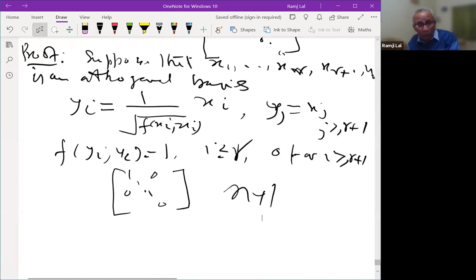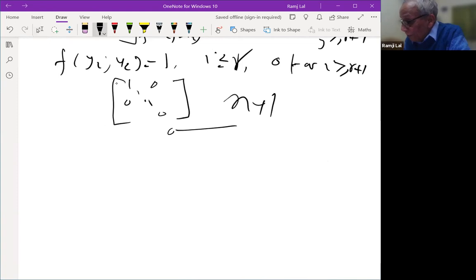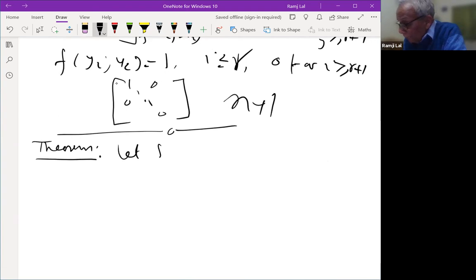Now I am coming to the real field, where star is a genuine Hermitian form in the complex case. So again, let me have this theorem here. Let f be a Hermitian form.